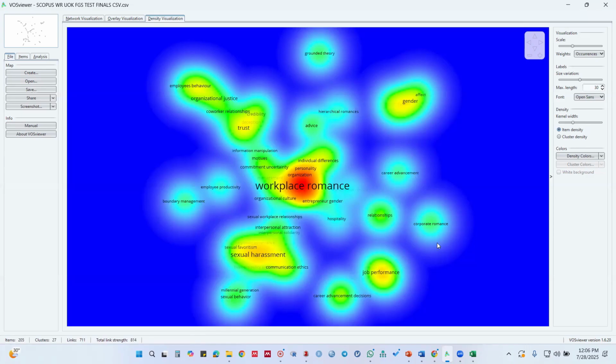Since most of the keywords are on green backgrounds, it simply means that the majority of the current research has limited knowledge, which needs further investigation.